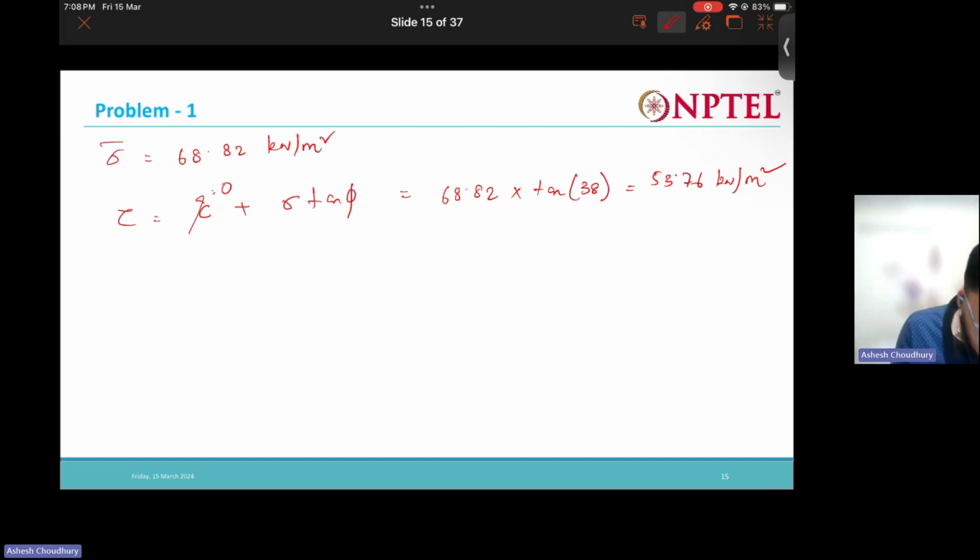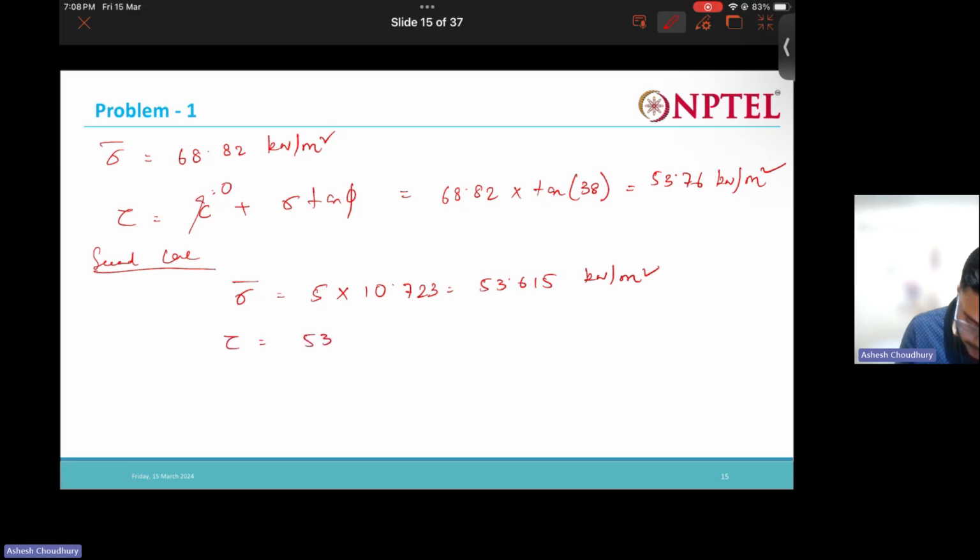The second case is to determine the change in shear strength when the water table is at the ground level. In that case this is going to change. So it is 5 into the submerged unit weight, as everything is going to be submerged. So check all these values.